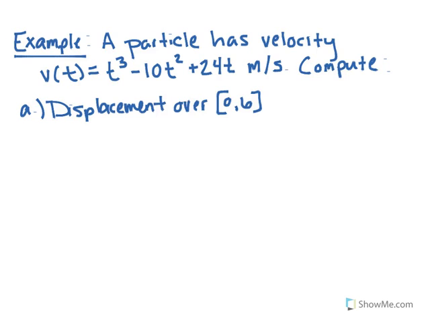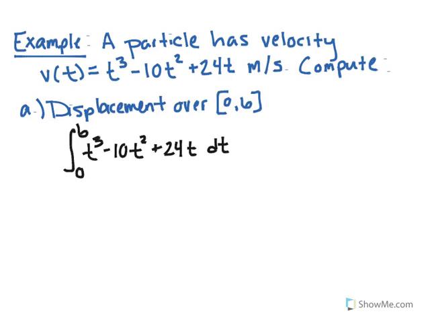So to set this function up, we are going to do the integral from 0 to 6 of the velocity function, which is t cubed minus 10t squared plus 24t dt.